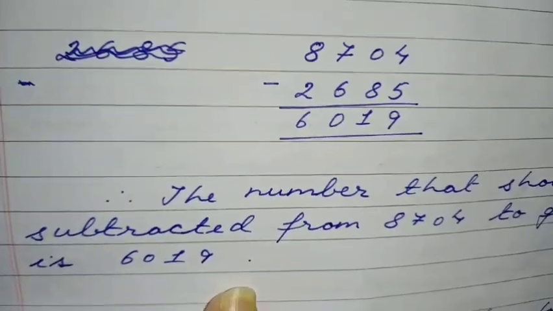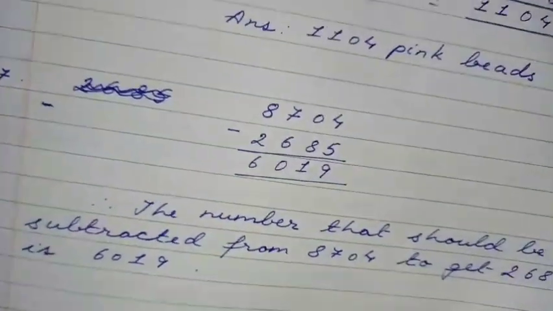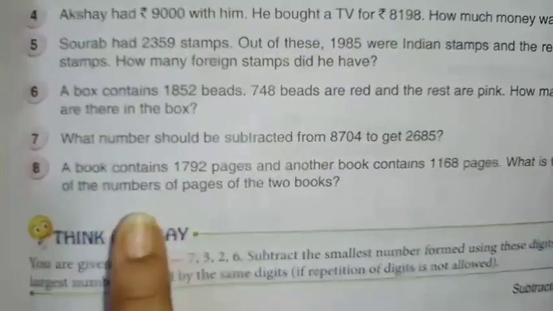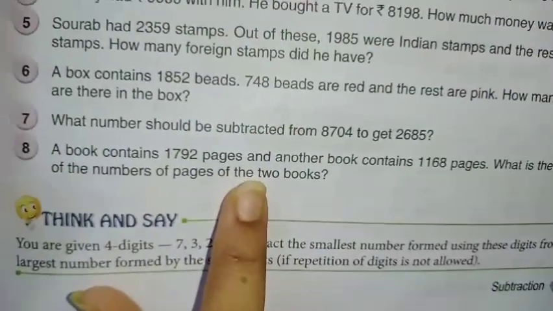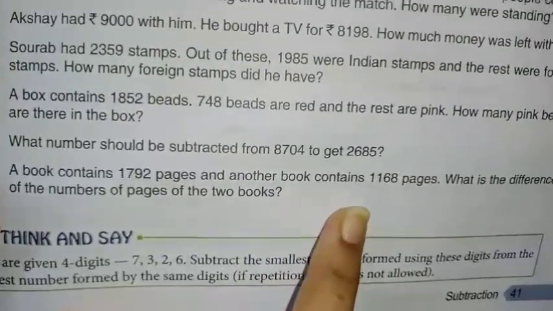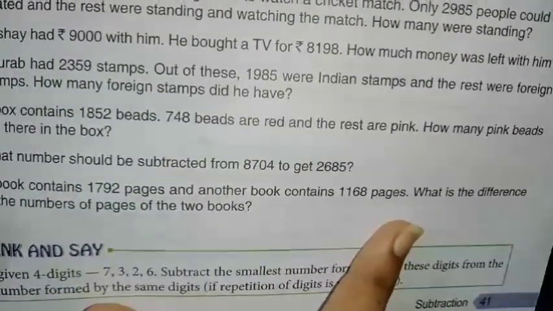Please see properly. Next, number 8, the last one. A book contains 1792 pages and another book contains 1168 pages.